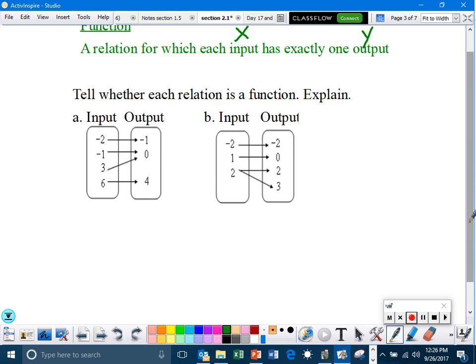All right, so I'm going to write this out. So I've got my input and I've got my output. Starting with the first one, I'm going to write this out and then I'll pause so you can finish copying it. Here we go.